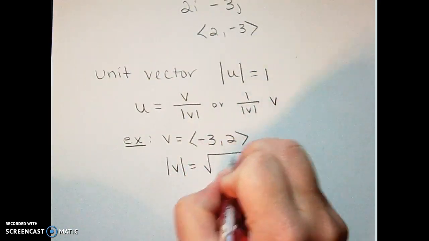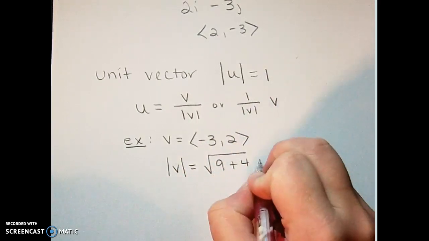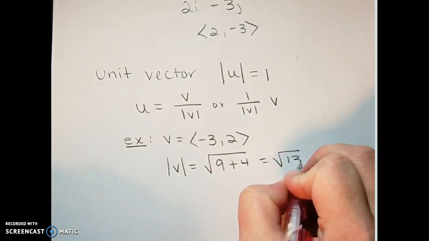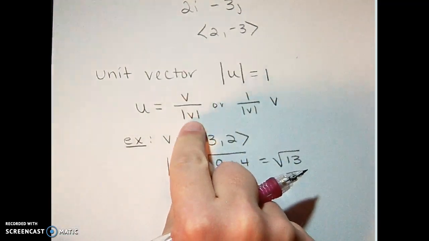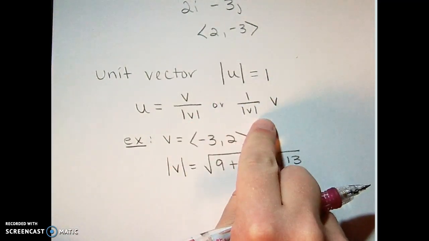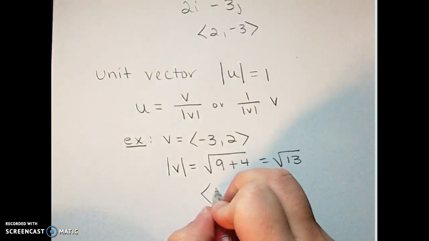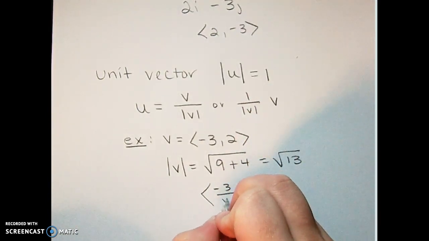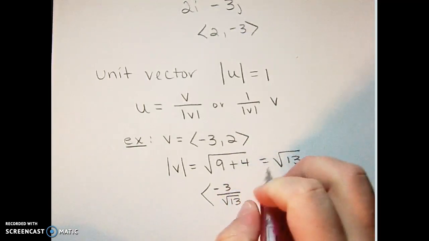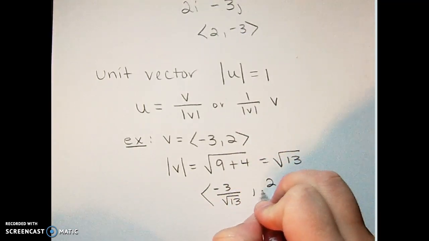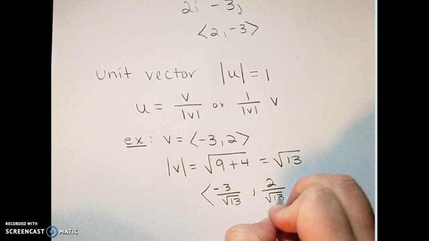That would be the square root of 9 plus 4, or 13. And then either divide each component by it or multiply by 1 over that magnitude. So that would be negative 3 over the square root of 13, comma, 2 over the square root of 13.